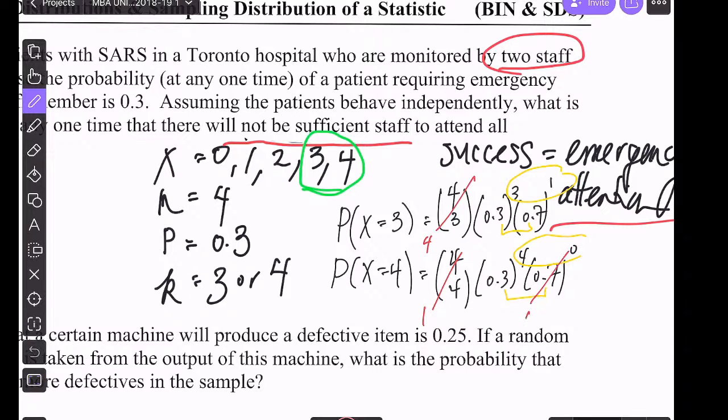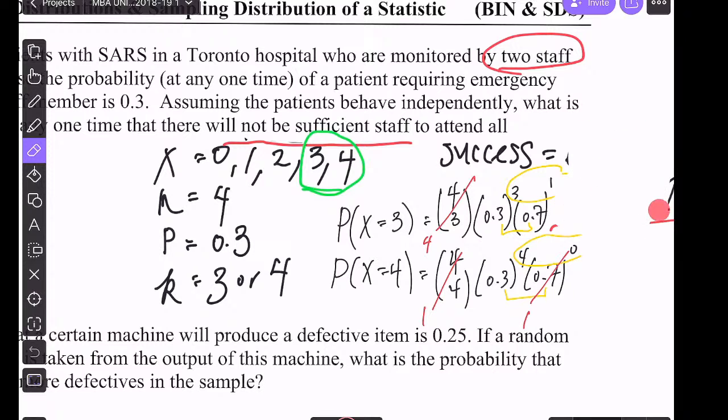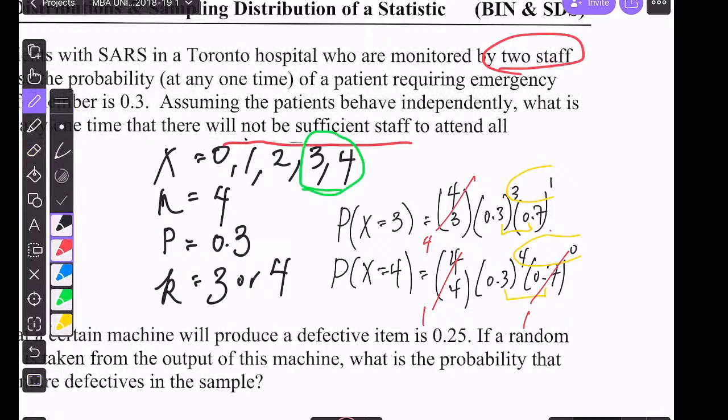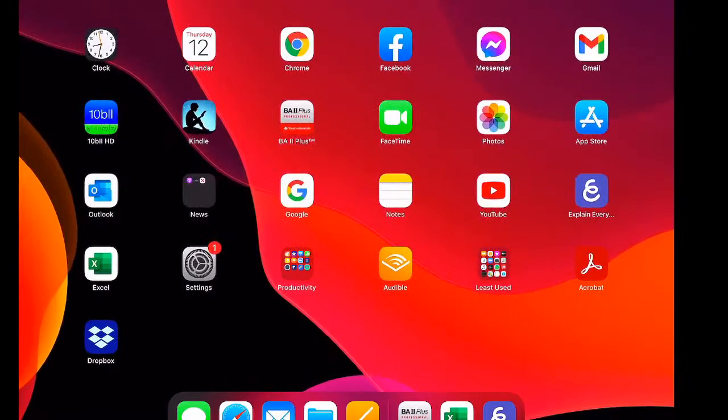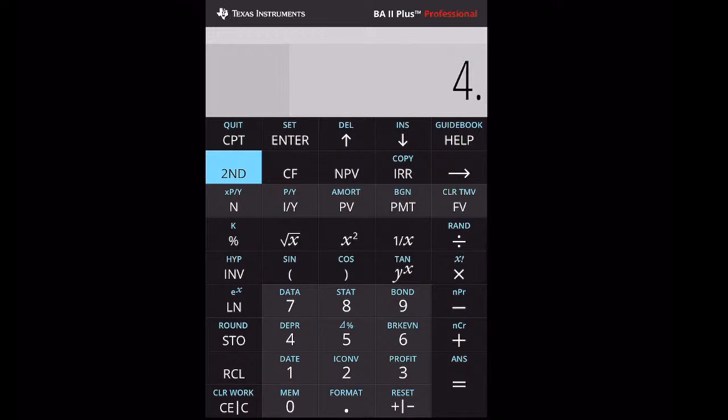This one is 1. So all you're punching in are 0.3 to the power 3 times 0.7. So 4 times 0.3 to the 3 times 0.7.